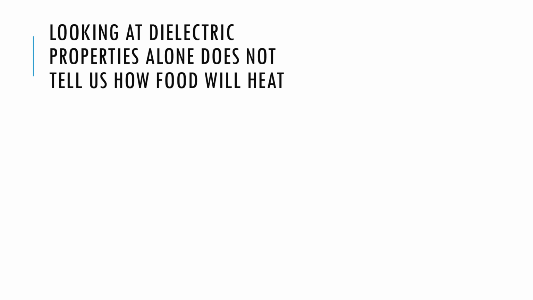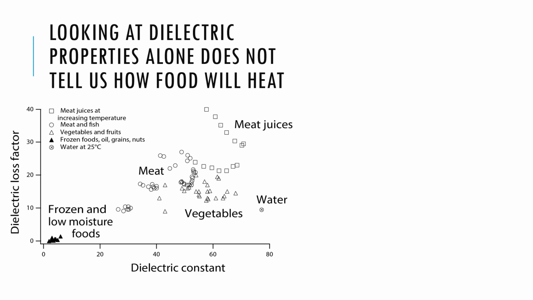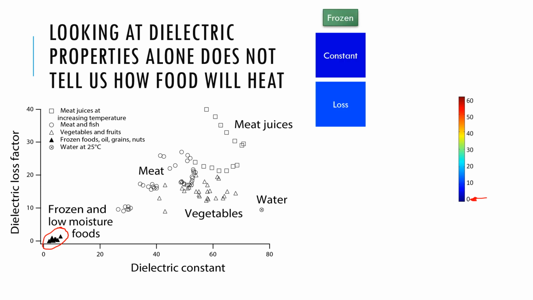This would be illustrated using a case of thawing. So here we start from frozen foods that have very low values of dielectric constant and dielectric loss. If we have this scale of dielectric constant and dielectric loss, we are starting off at very low values. So initially the constant and loss are both blue, meaning very low value, frozen.